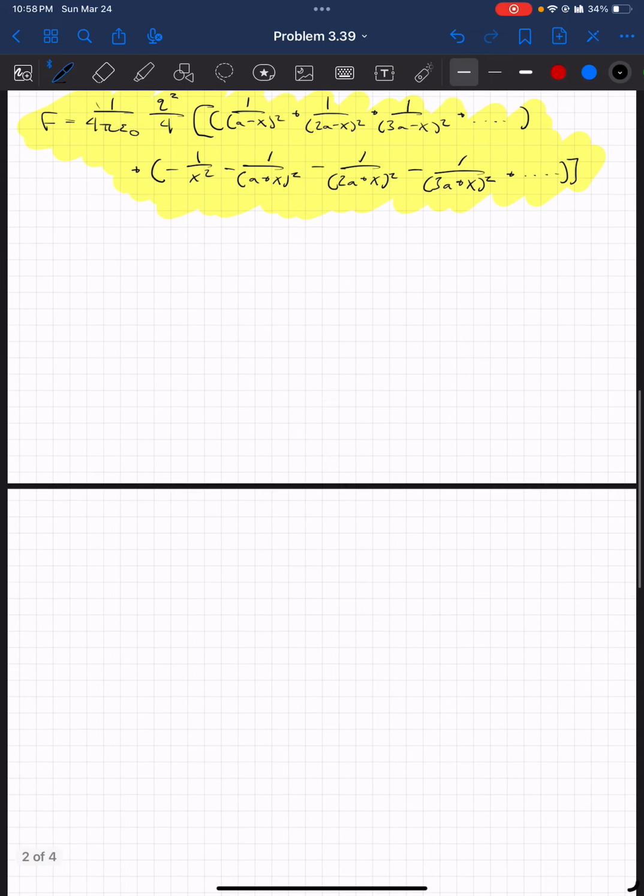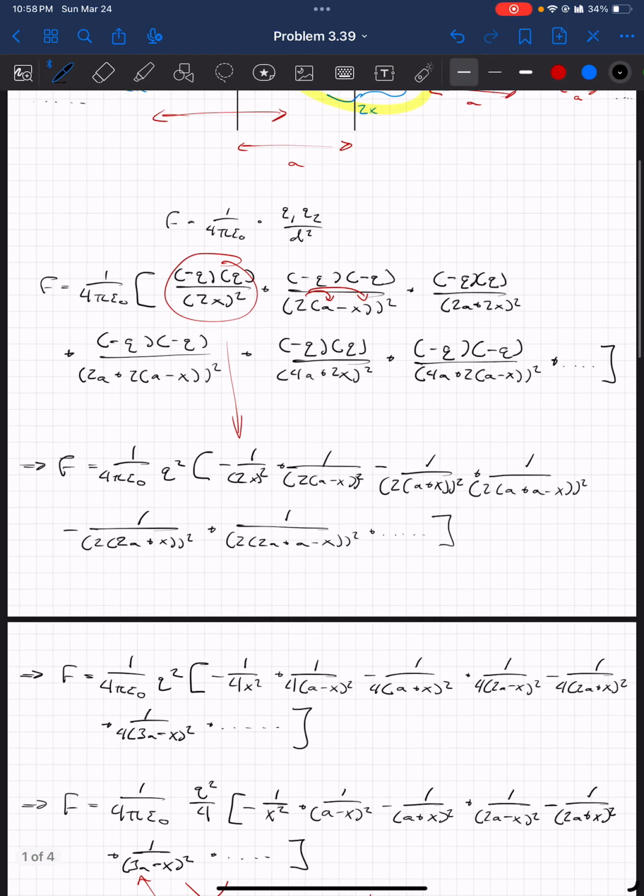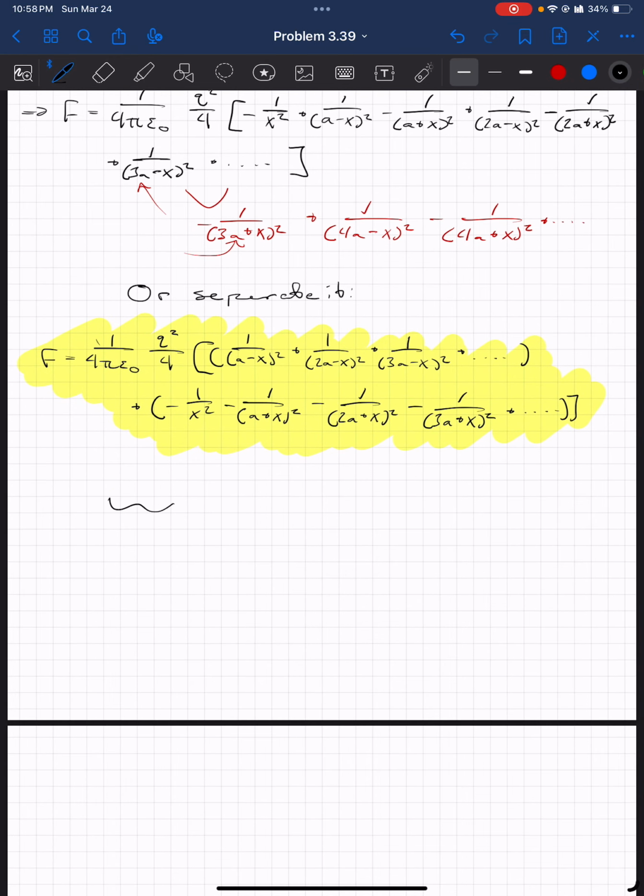And I will show this here. When a approaches infinity, all of these values approach 0, except for the 1 over x squared.